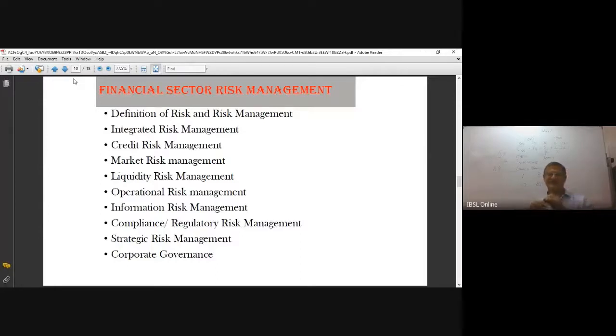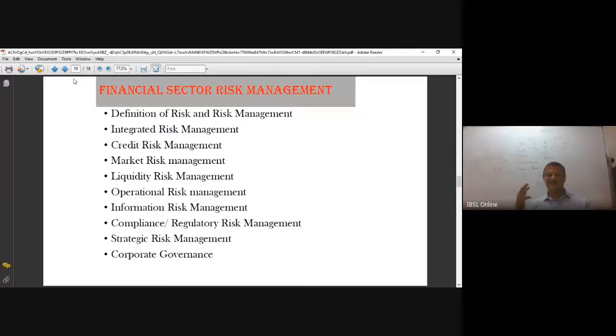To manage all these, you need to have one common supervision, one set of policies, one framework, and that we call integration. That means you take the separate types of risk onto one platform, and we'll see how we can manage that. Therefore, in banking, we call it integrated risk management. In another institution, they might call it enterprise risk management.